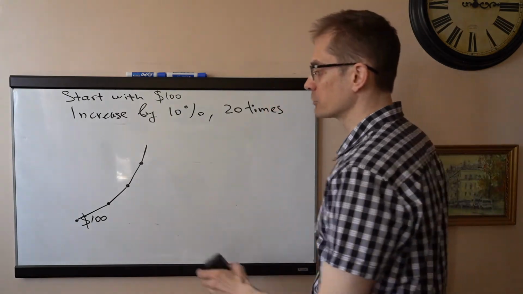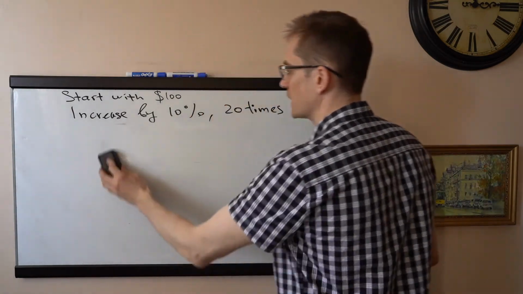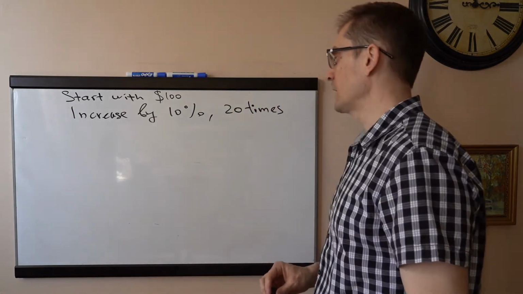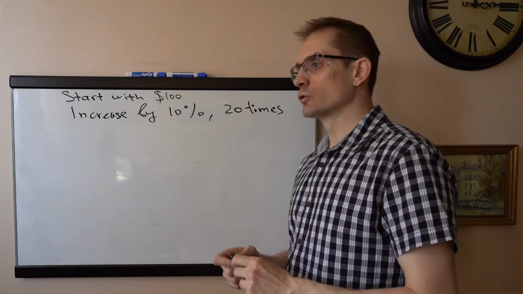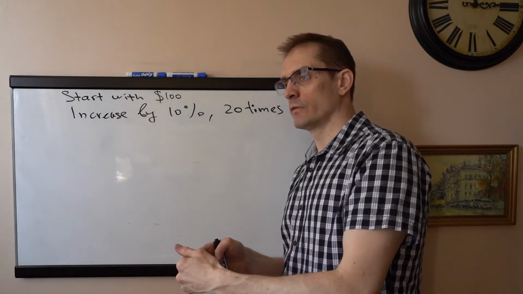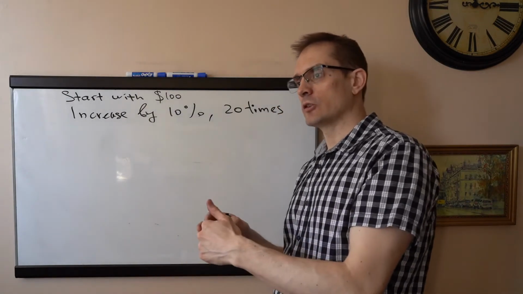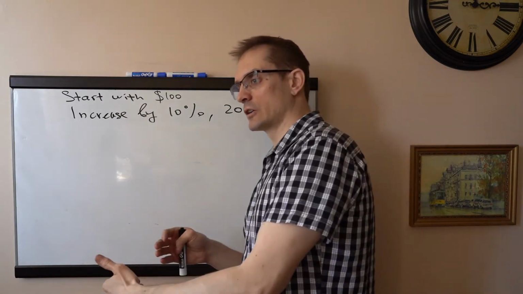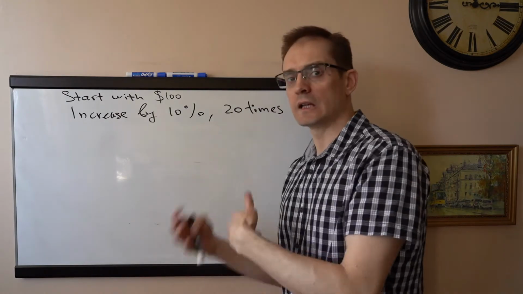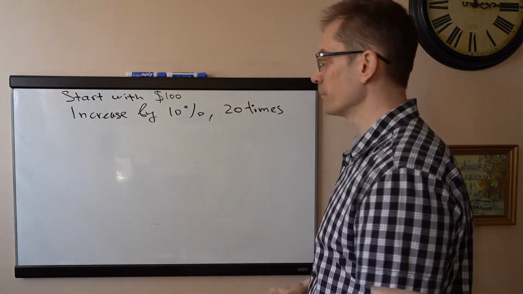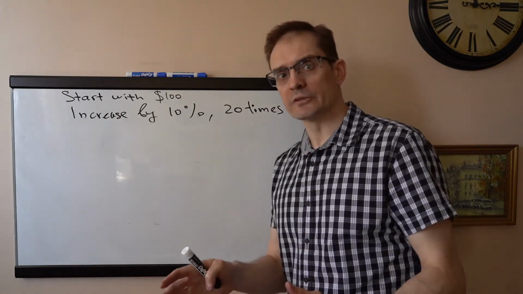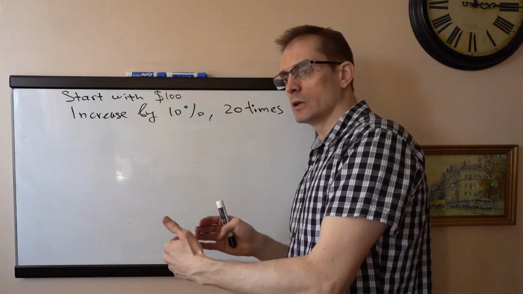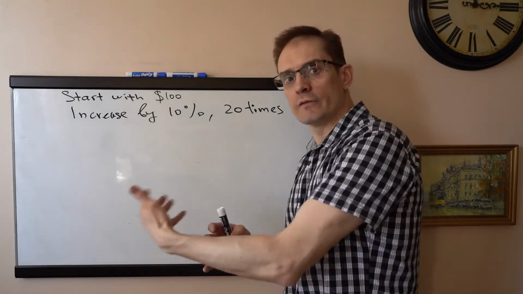If you were to solve this problem using that two-step technique, what would you do? You would have to execute two steps first, and then you will find 110. Then you will have to do that two-step process again, and then you will find 121, and again, and again, and again. So it will take you 40 steps really to solve that problem, two steps for each stage of the process.